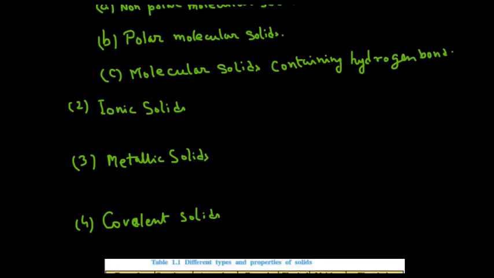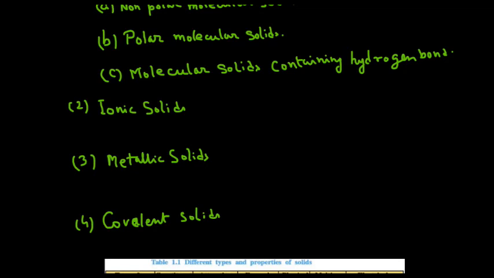The cations and anions of such substances are attracted by strong Coulombic force, and so they possess ordered arrangement in three-dimensional direction. They are hard and brittle. Their melting points and boiling points are high because of strong attraction between positive and negative ions in the solids.